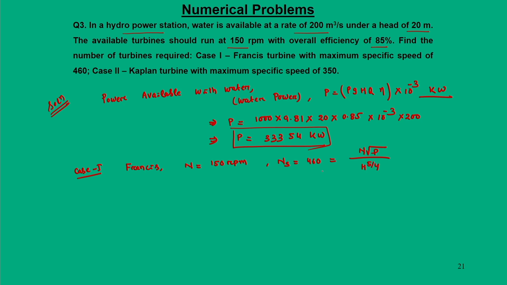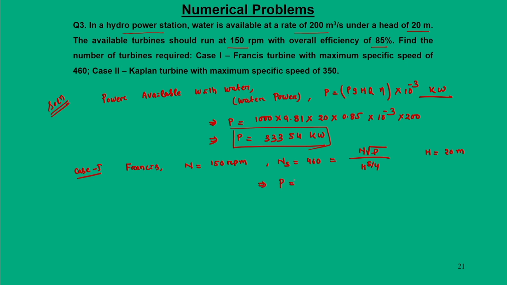Okay. So, here H is equal to 20 meter and N is equal to 150 RPM.